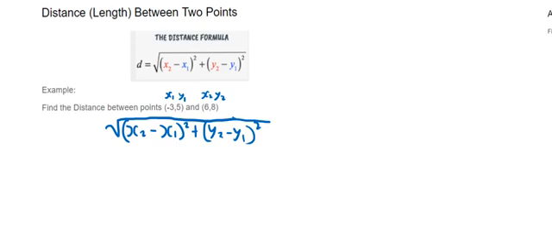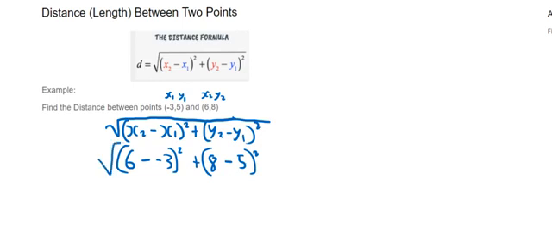So x2 is 6 minus, now be really careful here because x1 is actually a minus number already, so you have to do x2 minus x1. So you're doing 6 minus -3, squared, plus y2, which is 8, take away y1, which is 5, squared.